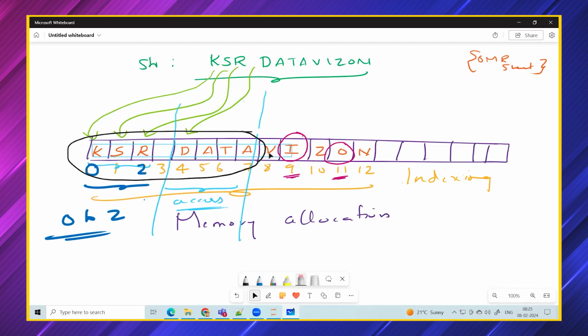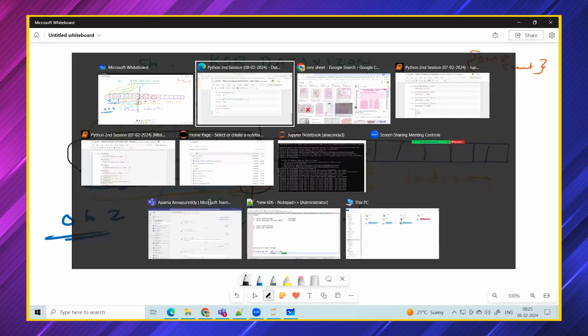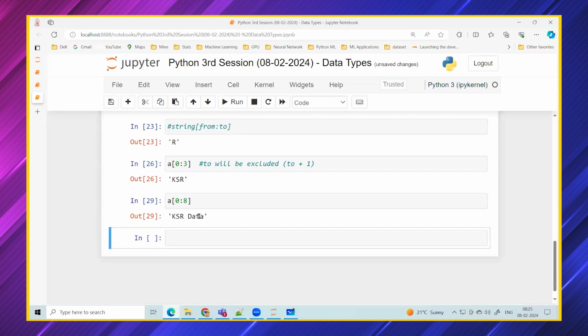But I don't want V to be included. I still want to be at this position. So if I want to be at this position, always give plus 1. And that is what I'm trying to do here. 0 to 8 means I'll be getting the 7th element.